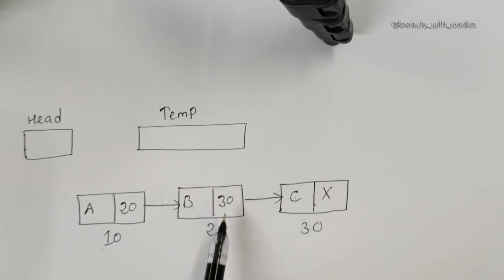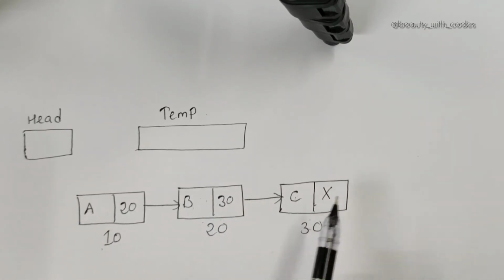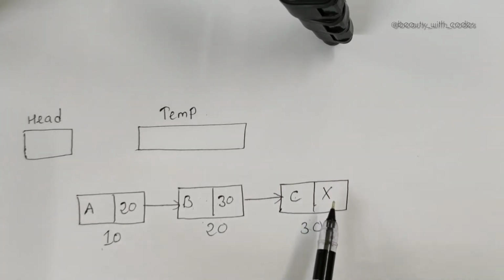In the second node, the link part is the address of the third node, meaning it is pointing towards the third node. Since the third node is the last node, it is not supposed to point anywhere, so it is pointing to null. Null means nothing, which is why it is not holding any particular address.